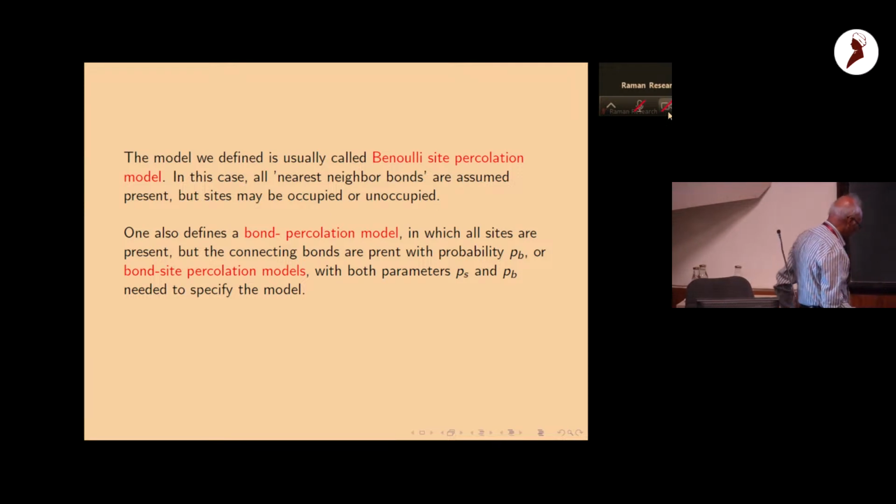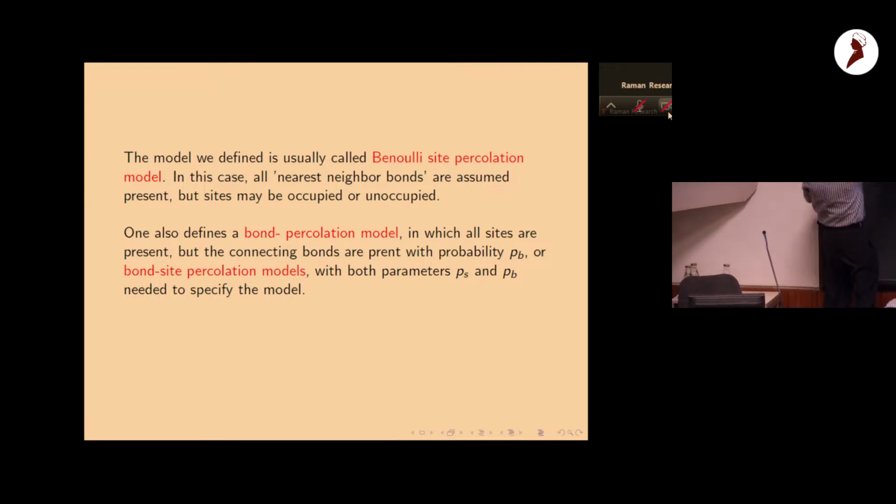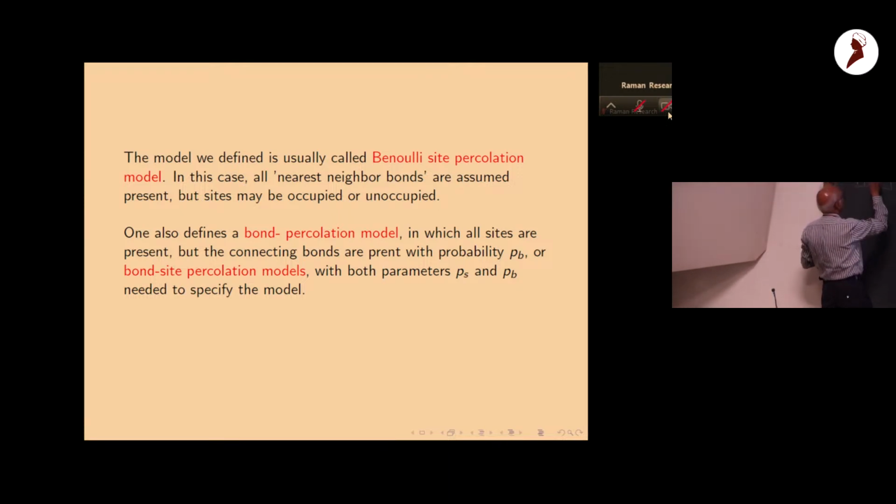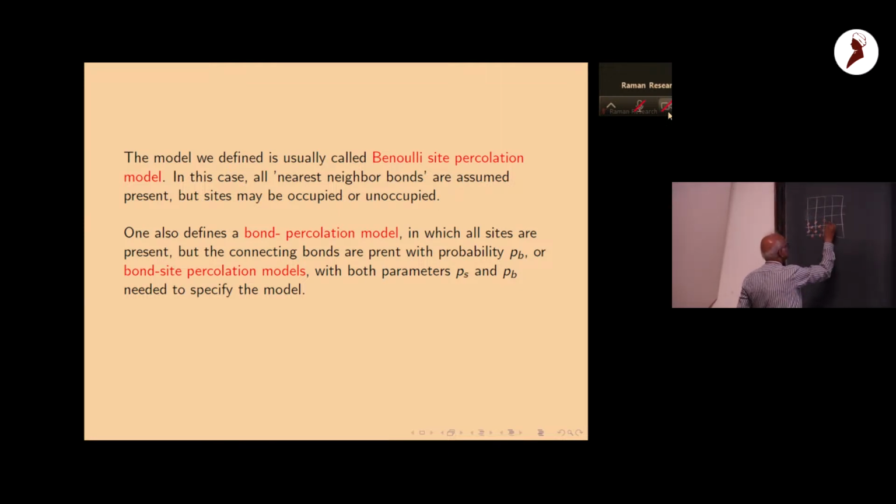How does that happen? So here, this is the lattice. I imagine there is a site here. This is a site, this is a site, this is a site, like that. Okay. Then I assign site variables to these sites. That's the same as assigning bond variables to the original problem. The connectivity is still possible because if this site is occupied, and this site is occupied, you can go across.